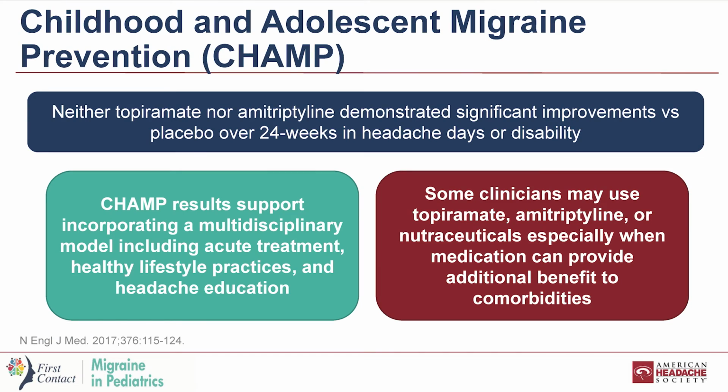Now, no discussion of treatment of pediatric migraine would be complete without reviewing the childhood and adolescent migraine prevention study, which we all commonly refer to as the CHAMP study. This is a study I actually discuss fully with my patients so that they understand what we know about treating pediatric migraine from a rather big study.